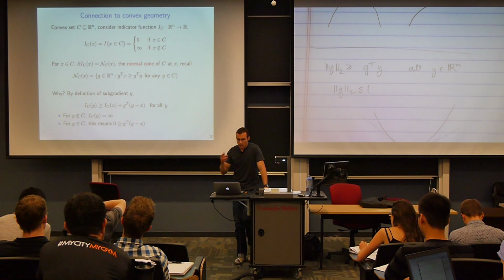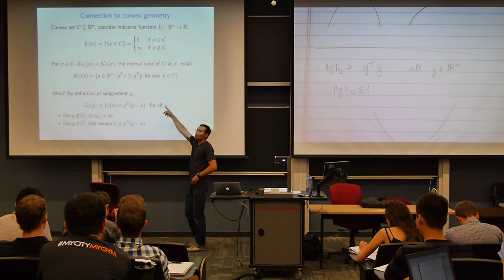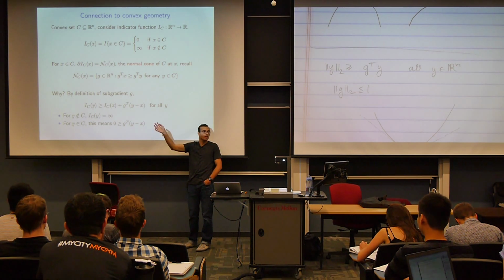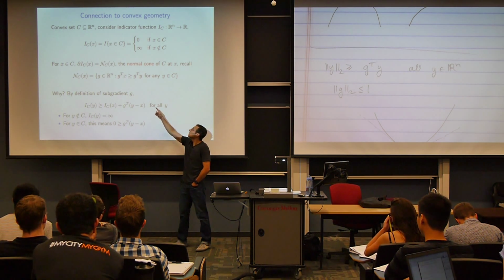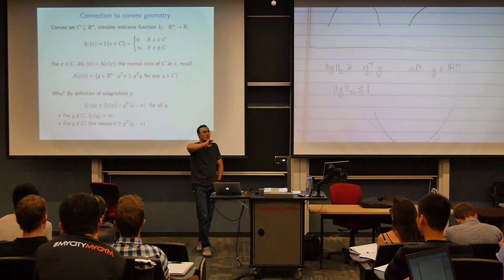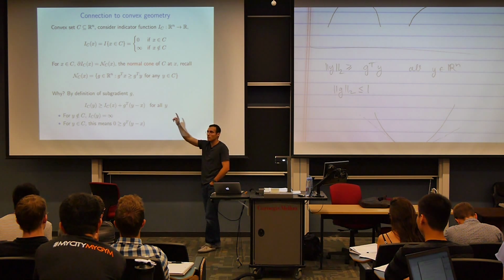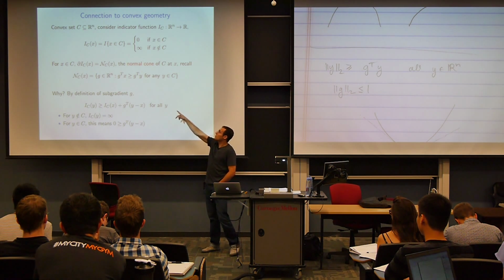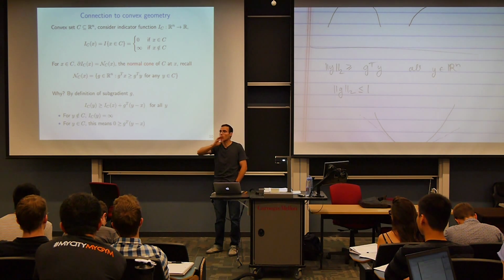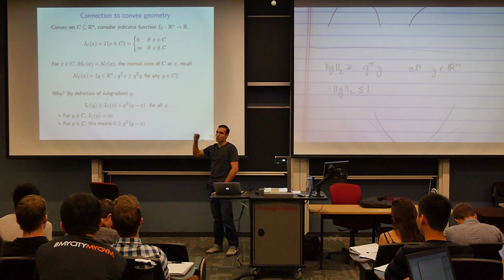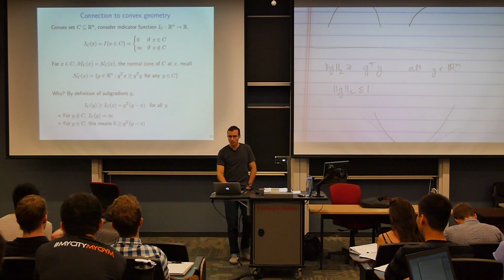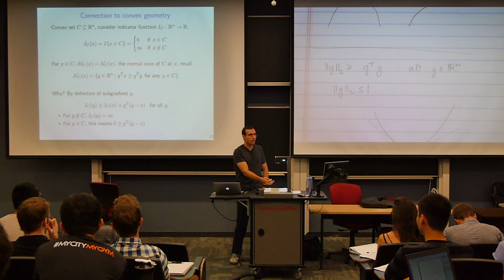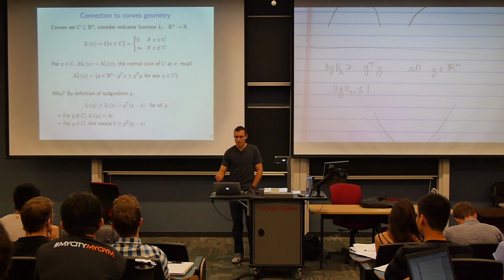And just to remind you, that's the set of all g such that the inner product of g with x, versus g with any other point y in the set C, is made biggest at x. So g transpose x has to be bigger than or equal to g transpose y for all y in the set. Any vector g that satisfies that is called a normal vector to the set C at the point x, and the collection of them is called the normal cone. So why is that true? Why is there this connection between this thing in convex geometry, the normal cone, and subgradients?